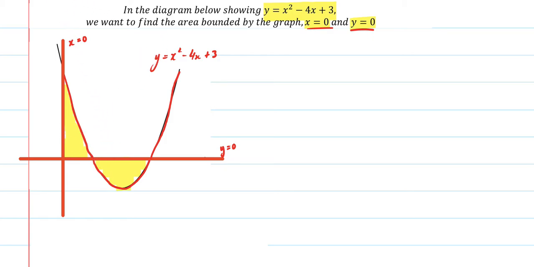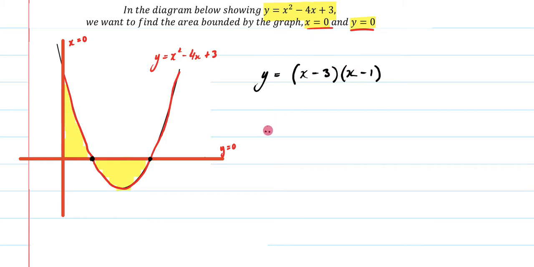So what we're probably going to have to do is find out what these intercepts are. Kind of implicit in the question is finding these intercepts. How are we going to do that? We're going to have to factorize this. So we have y is equal to x squared minus 4x plus 3. If I factorize it to be y equals x minus 3, x minus 1, that's going to work because negative 3 times negative 1 is positive 3, and if I add them together I'll get negative 4.